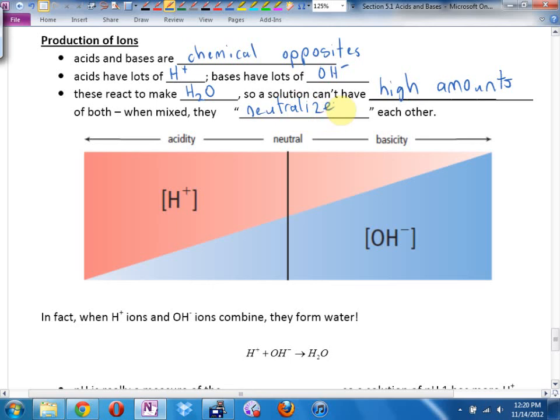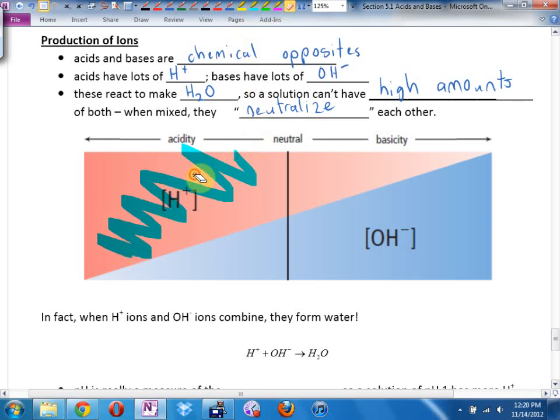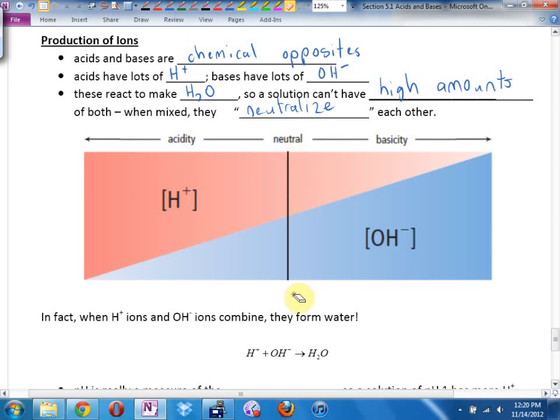So you can have something, don't write this down, that's really acidic, but as you add more base to it, it gets neutralized and gets closer to here. As you add more base, it gets more and more basic until eventually you're mostly basic. You still might have a few H plus ions floating around in your solution, but not very many. And that's what that little picture is trying to illustrate. It's either acidic or basic or neutral.